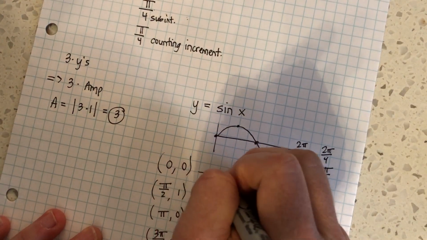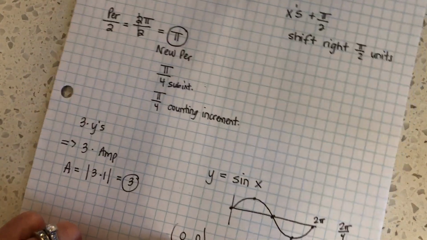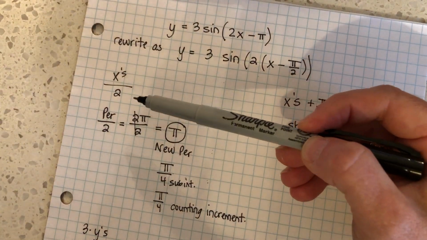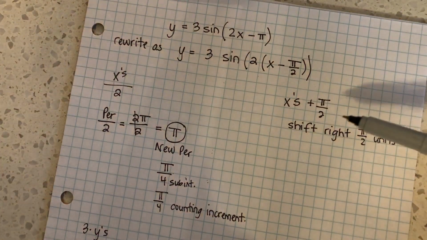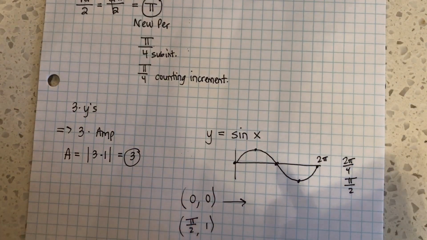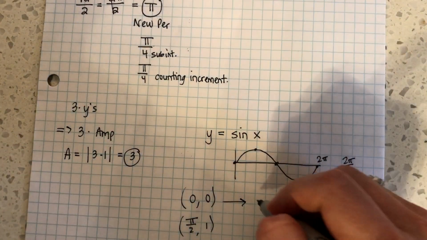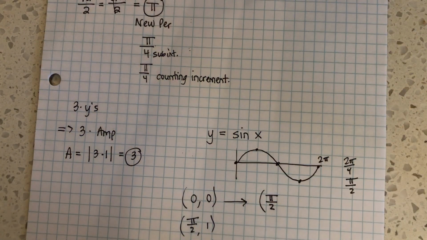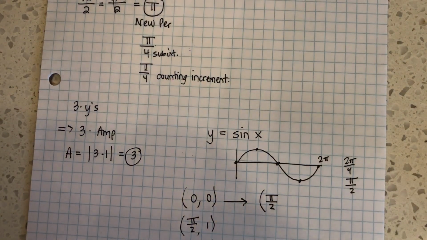Okay, so the first thing we're going to do is take his x-coordinate 0. We're going to divide it by 2, which is still 0, and then we're going to add pi over 2 to him. So then 0 divided by 2 is 0. 0 plus pi over 2 moves his first point to pi over 2. Okay?